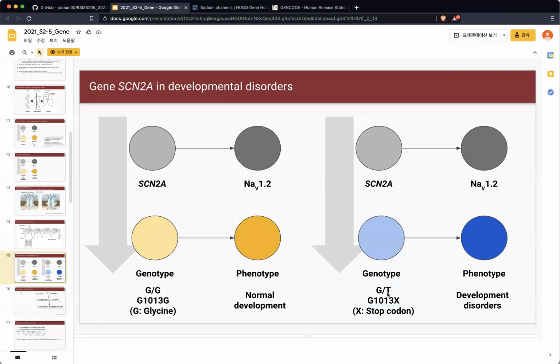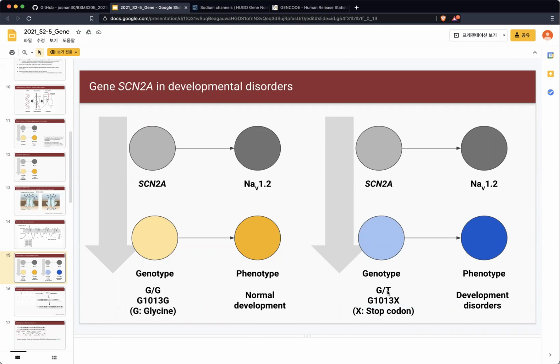So we can judge from this heterozygous situation that the T allele is leading the dominance in the phenotype, which here is the developmental disorder, and the G allele is recessive to the T allele. Again, as I explained, the G or T proportion has nothing to do with the proportion of these alleles in a population.